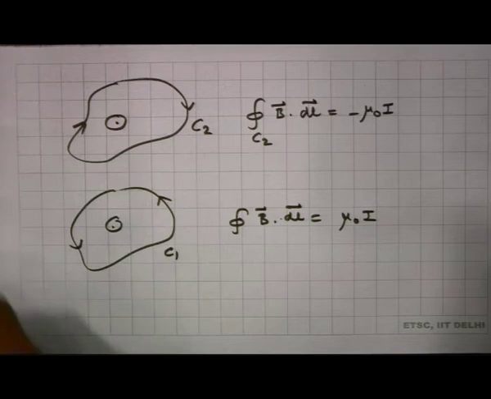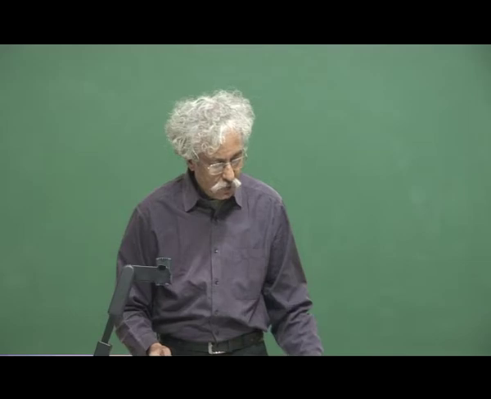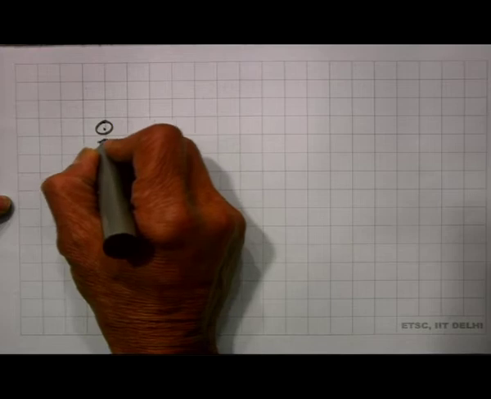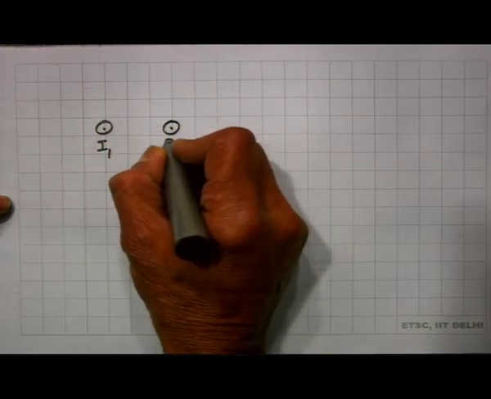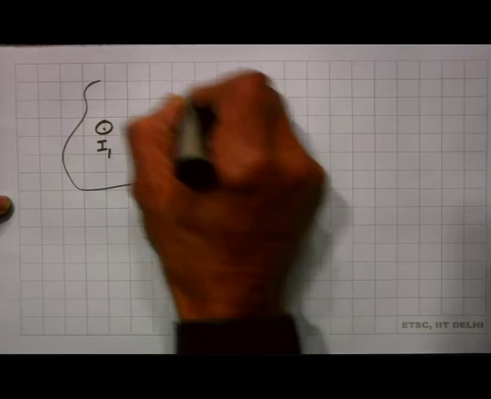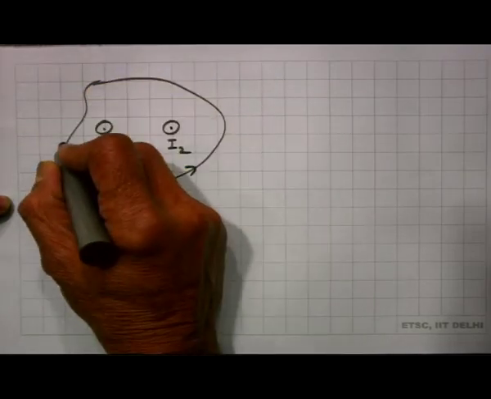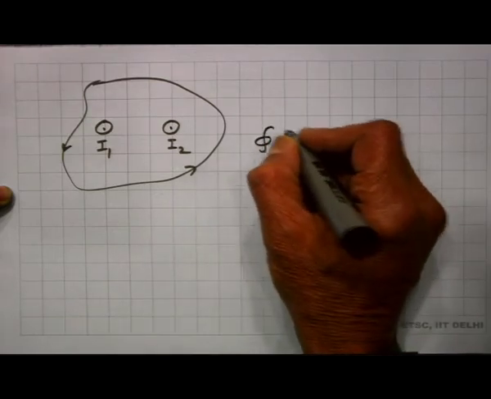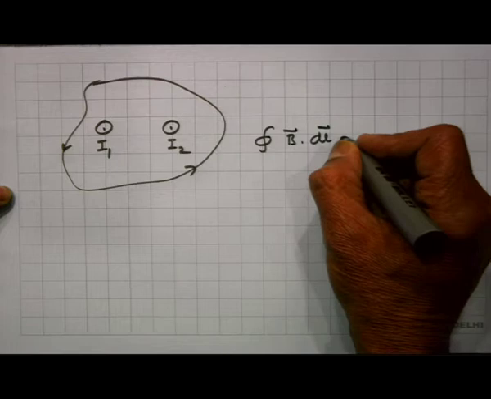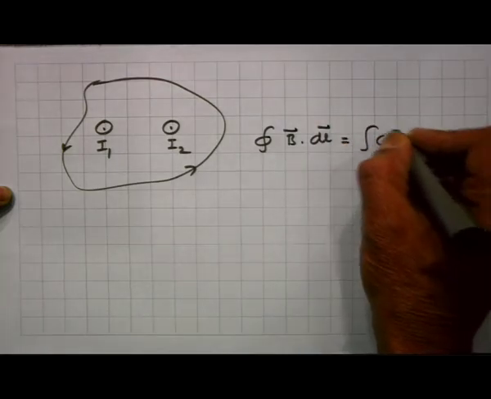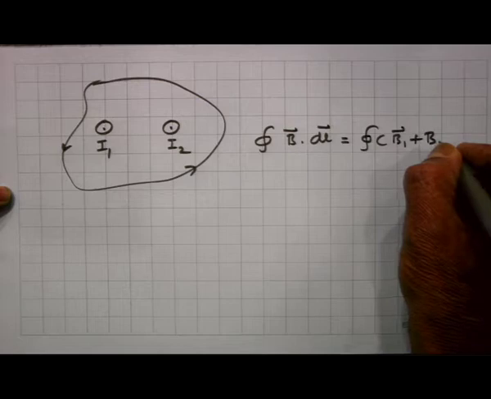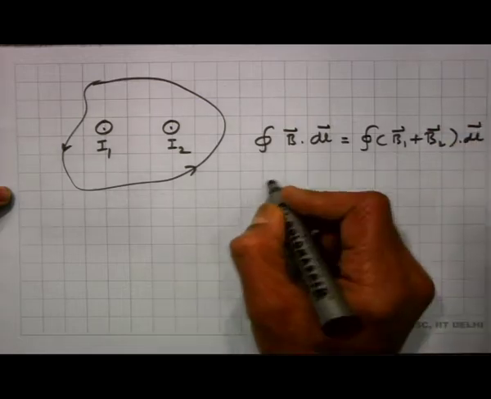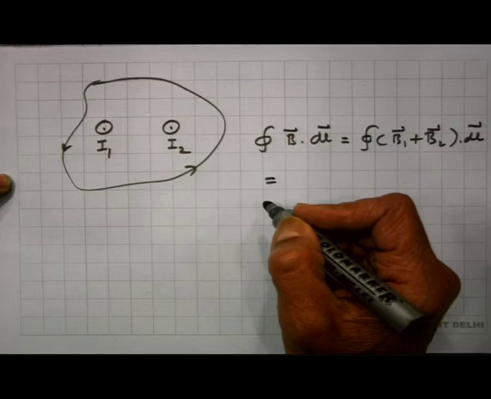This also tells you that I can actually have not just one conductor, but more than one conductor carrying current. Let me assume that I have a current carrying conductor with current I1 and another with I2, and I form some loop like this. So, integral B dot dl will be equal to integral (B1 plus B2) dot dl, because magnetic fields satisfy the superposition principle.